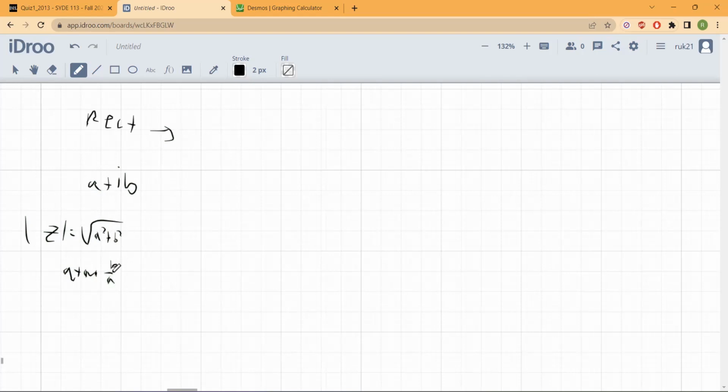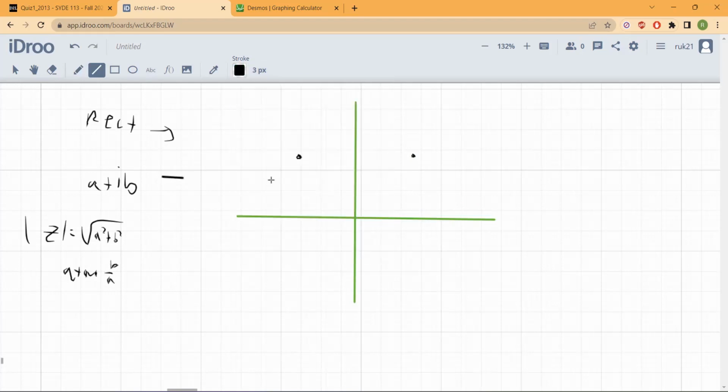The only thing I quickly wanted to mention is distances. If we need to do distances in polar form, let me draw a Cartesian plane. Yay, green's back. So if we have a point over here and a point over here, and we have our two lines, let me make those black.